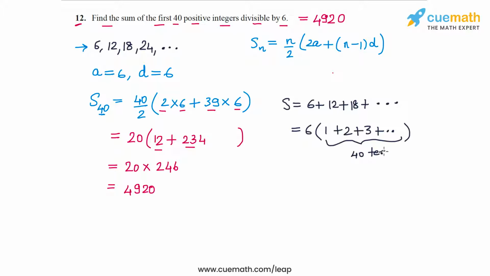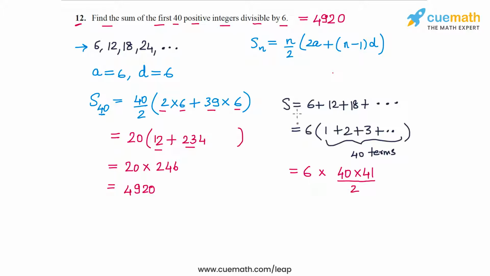Now we know how to calculate the sum of the first n natural numbers. The sum of the first n natural numbers is n into (n plus 1) by 2. So this means that this sum inside the bracket will be equal to 40, which is n, into 41, n plus 1, by 2.